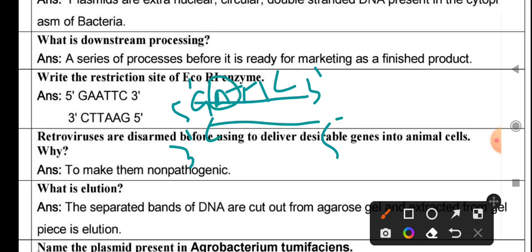Wherever adenine is there, thymines will come, AATT. Then wherever thymine is there, here adenine will come, and here cytosine, here guanine will come. You already studied about pairing up purines and pyrimidines. Based on that, these 2 strands are formed.